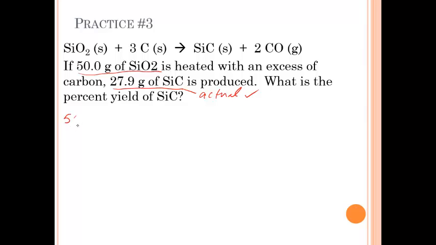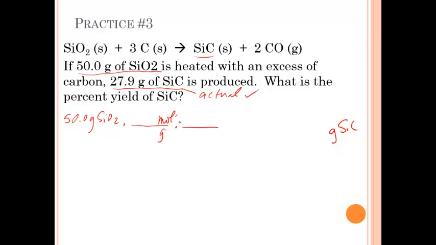We're going to take the 50 grams of the SiO2 and we're going to be converting that into, over here, grams of our silicon carbide. So that is what we're trying to see how much we should in theory be able to produce. So you can go through the steps. We'll just jot some of them in here.